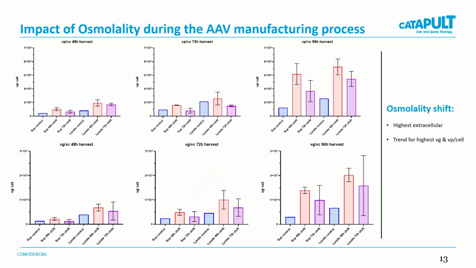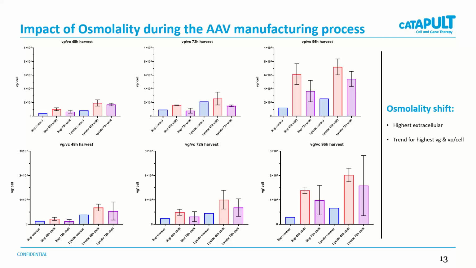Concerning the titer, what you can see on this slide, from left to right, are the 3 different time points: 48 hours harvest, 72 hours, and 96 hours on the right. The 3 graphs on the top are viral particle and specific viral particle, and on the bottom, specific viral genome.